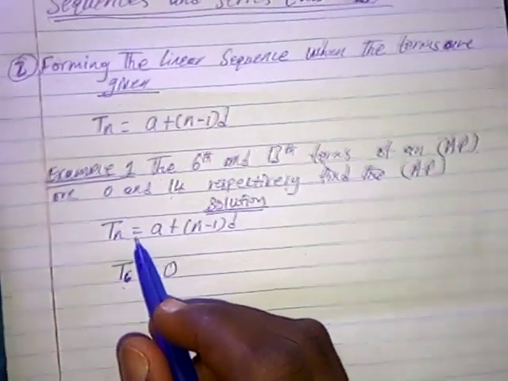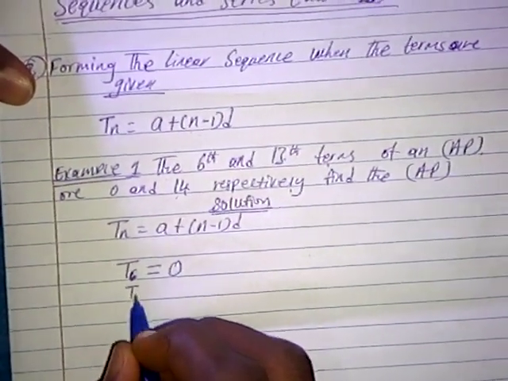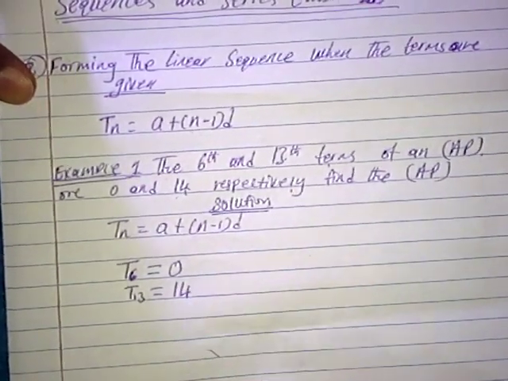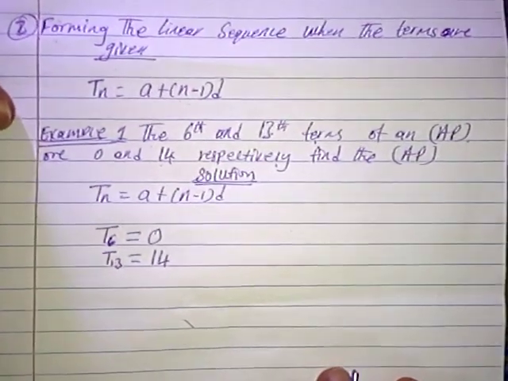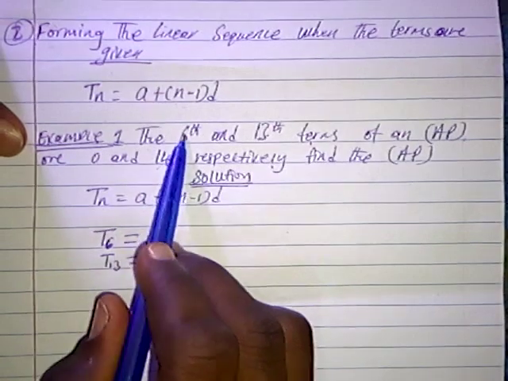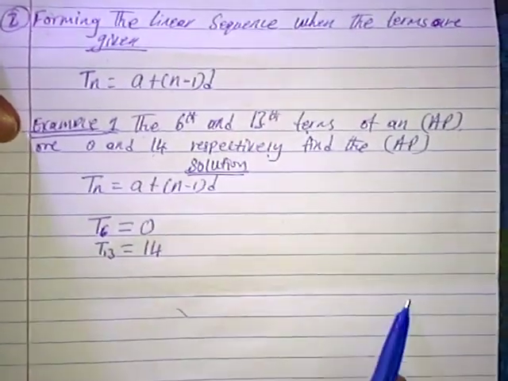Now we proceed. The 13th term, T13, should be equal to 14. Take note of how I did it. The 6th term is equal to 0. The 13th term is equal to 14. That's how you should do it.